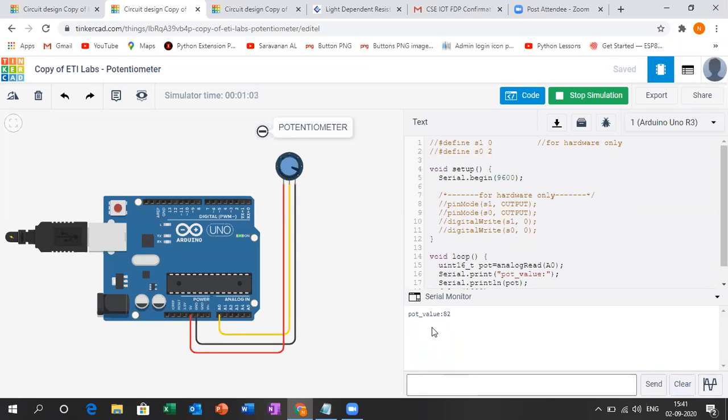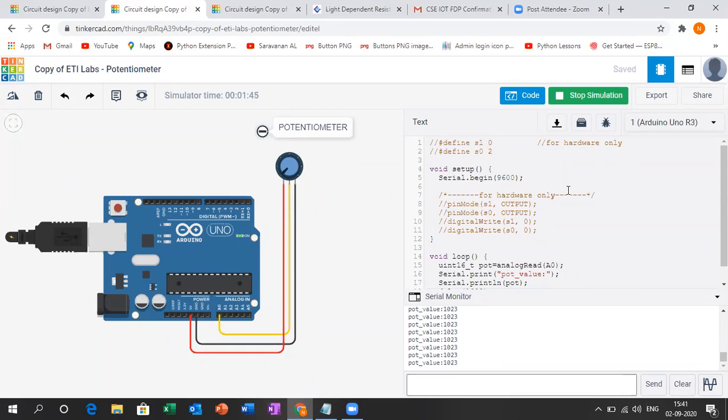As I clear this, now 82 and 20 as I move clockwise, maximum to 0, and these are the minimum pot values, and the maximum value of pot is approximately 1023. So that's the working of potentiometer. If any doubt, you may ask, sir?